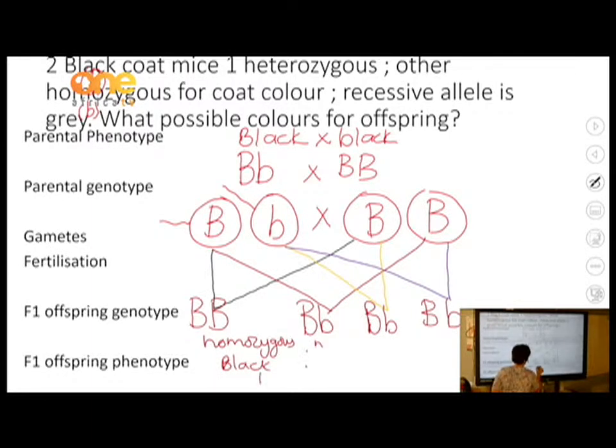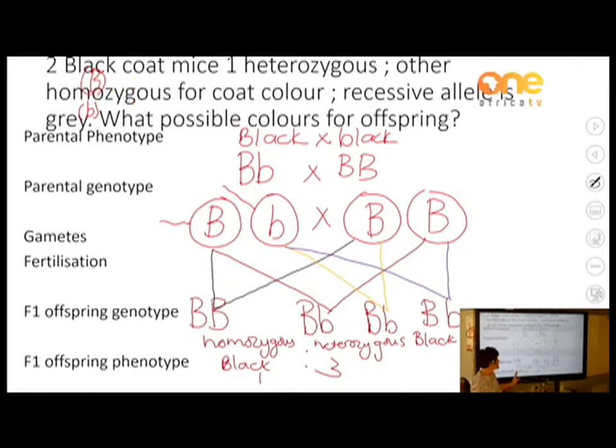And then there are heterozygous black, and 3. All of the offspring will be black. Phenotypically, all will be black. But when we look at the genotypes, there can be a homozygous black or heterozygous black.